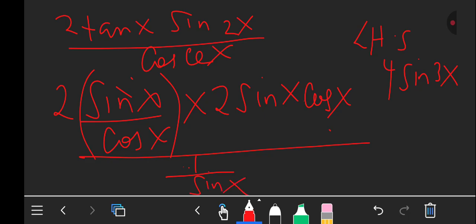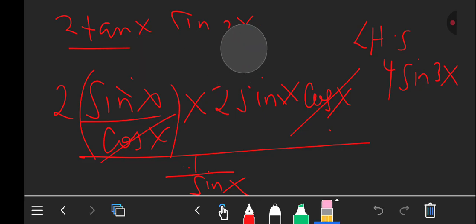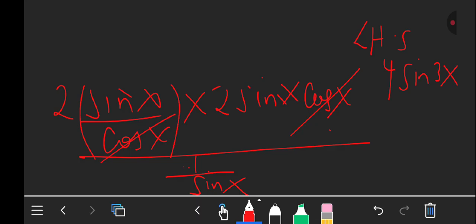Okay, so this cos will cancel with that cos. So we're going to have 2 sine x multiplied by 2 sine x, and that will give 4 sine squared x over 1 over sine x, okay. So we are going to have 4 sine squared x.